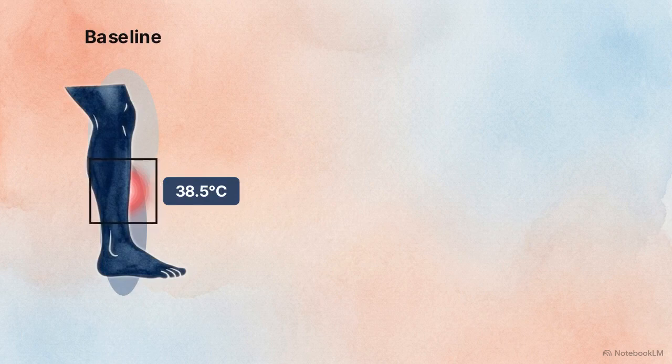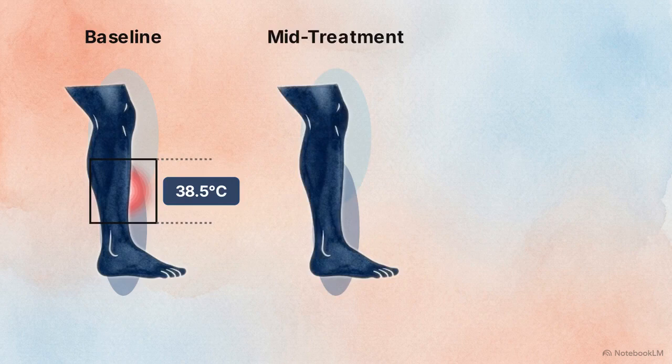This diagram illustrates region of interest, or ROI, analysis, a method to isolate and quantify temperature changes in specific anatomical areas. On the baseline image, a geometric bounding box locks on to the asymmetrical heat signature to record a specific temperature value.